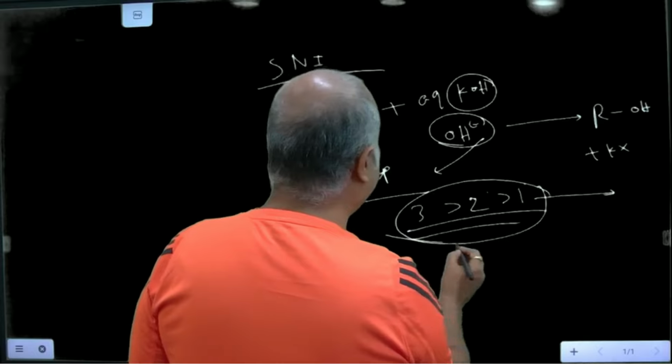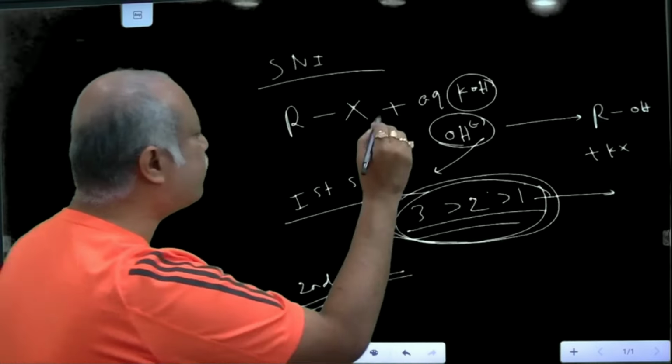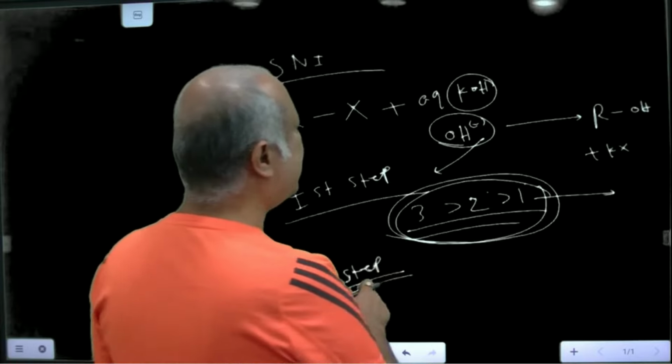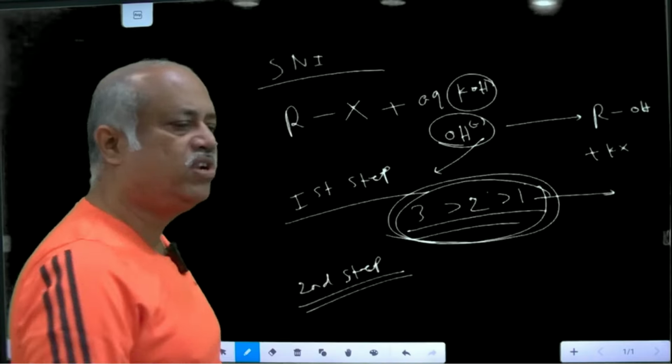This step depends on the stability of carbocation: 3 degree greater than 2 degree greater than 1 degree. The second step is the attachment of nucleophile.